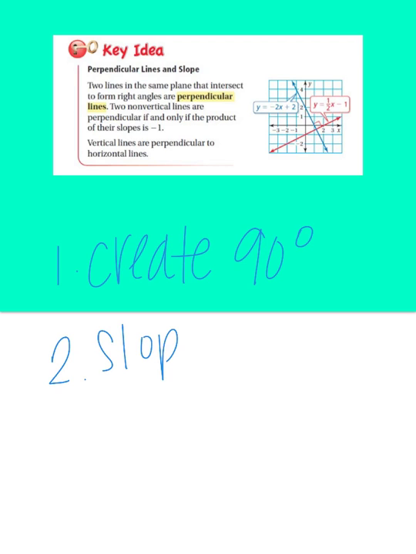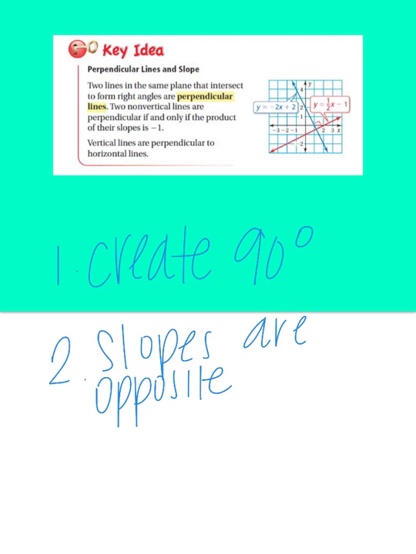Now let's talk about perpendicular lines. Perpendicular lines create a 90-degree angle. You know that they are perpendicular when their slopes are opposite reciprocals.